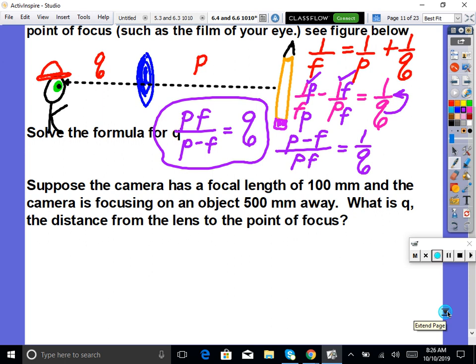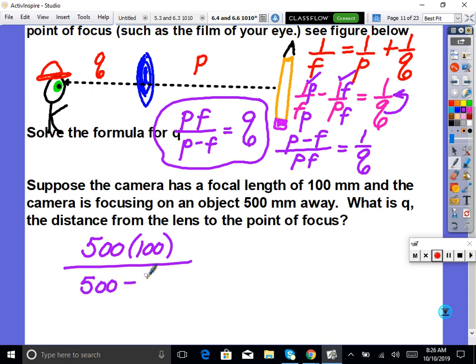So now from here, it's just a plug and chug problem. So f is 100, p is 500. So we'd say 500 times 100 divided by 500 minus 100. And that's equal to our q. So then we'll type it into our calculator.